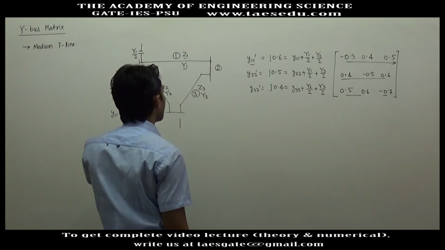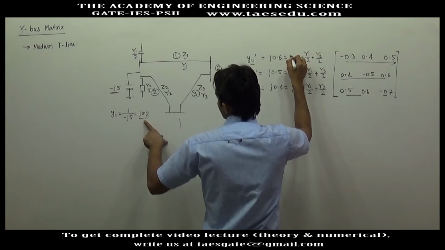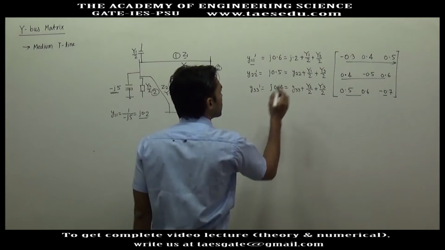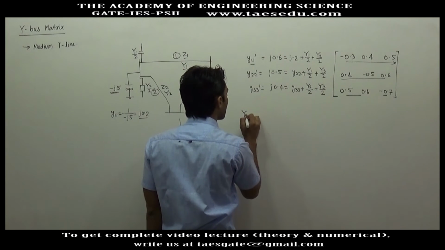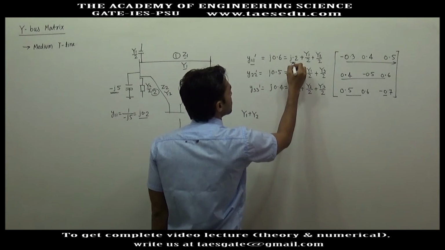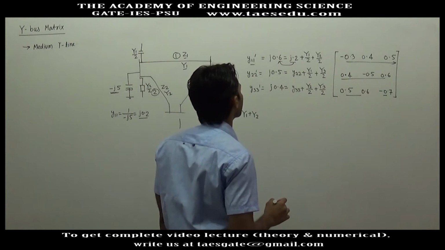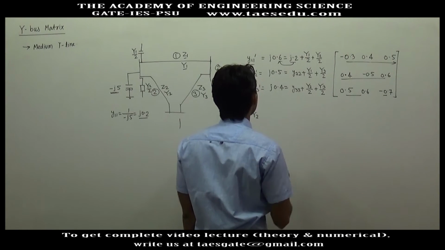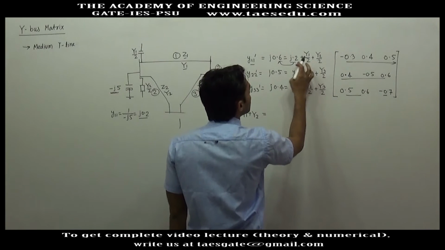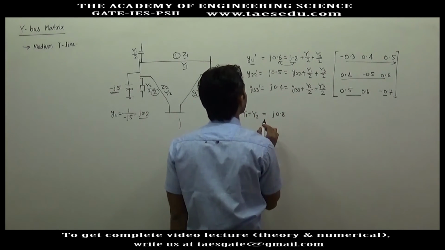Now y11 is given as j 0.2. So from here we will get y1 plus y2. If you subtract, you will get j 0.4. y1 plus y2 will be j 0.4 into 2, j 0.8.